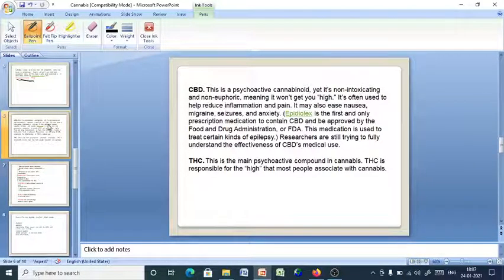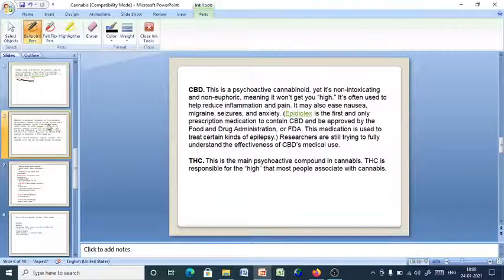CBD is a psychoactive cannabinoid, yet it's non-intoxicating and non-euphoric, meaning that it won't get you high. It provides a moderate or very low level of expression, and it is often used to help reduce inflammation and pain.